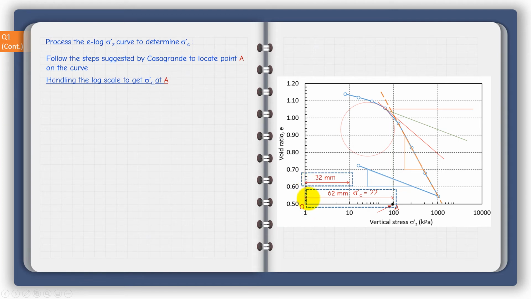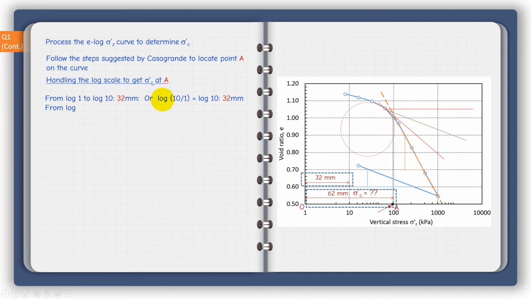We measure exactly the same process from this point here, from point O to point A, which represents the pre-consolidation pressure sigma dash C. So this is 62 millimeter. Now we can use this to work out the pre-consolidation pressure. So basically from log 1 to log 10, it's 32 millimeter.